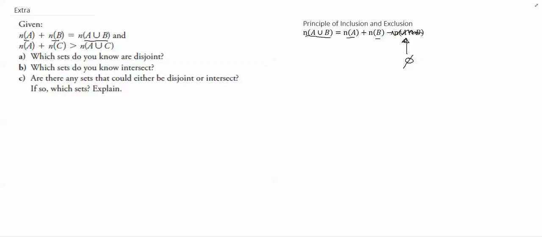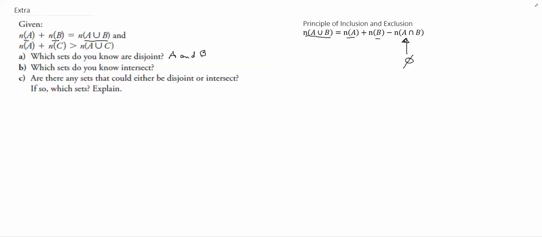For the intersection of A and B to be an empty set, A and B have to be disjoint. So A and B are disjoint.